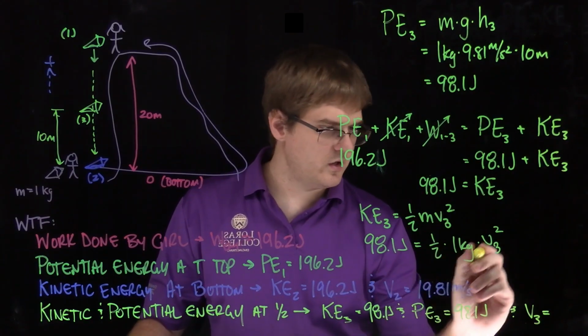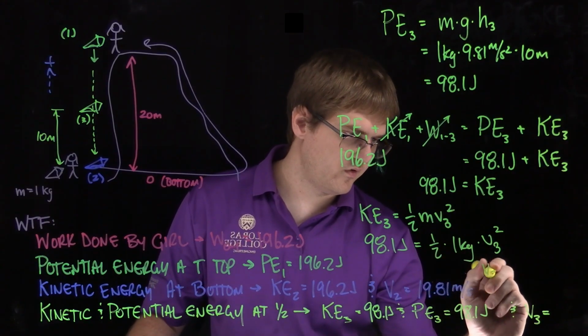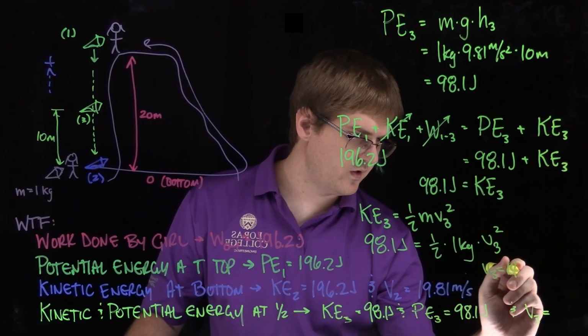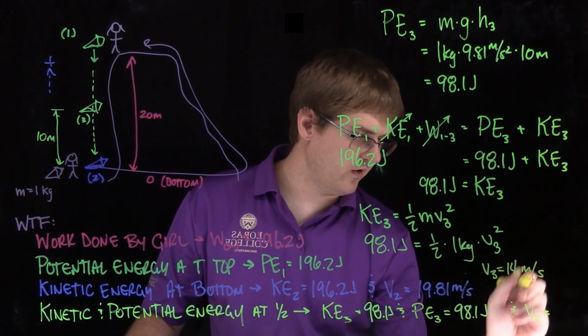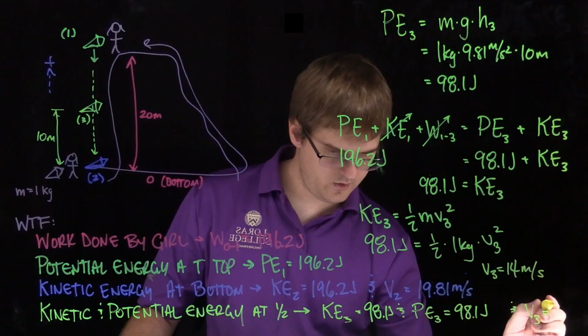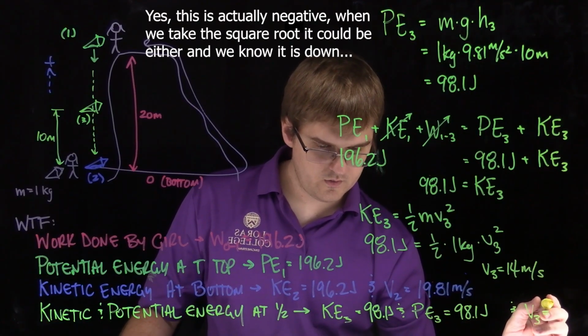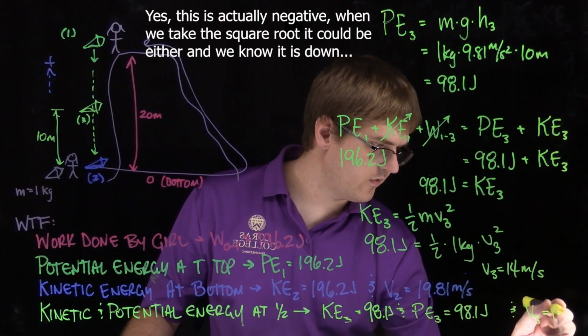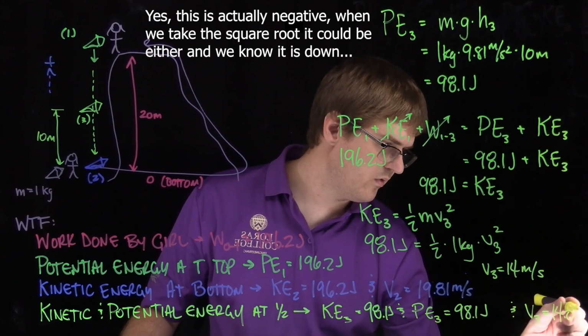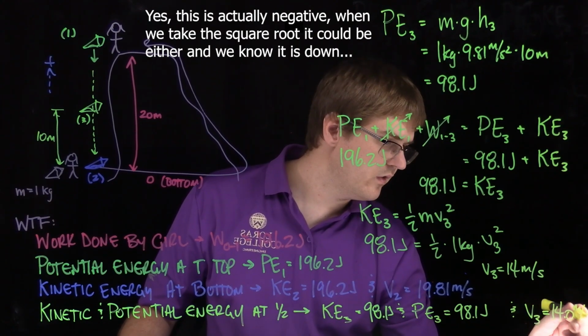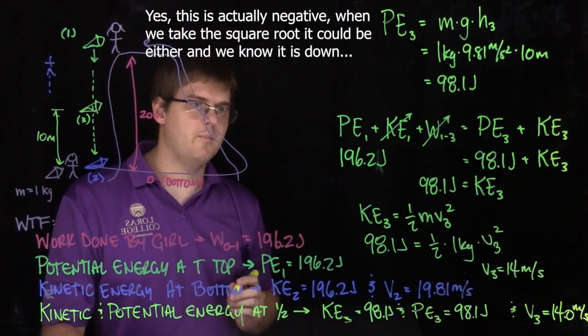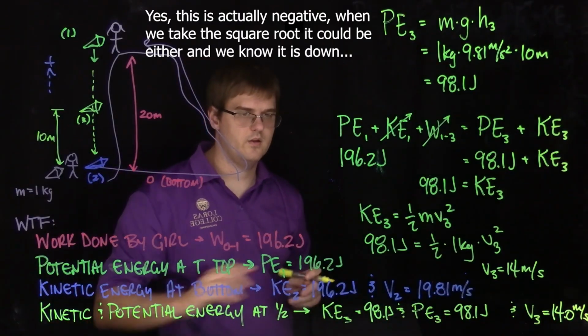And that should come out to 14 meters per second, more or less on the dot. 14.0 is what I have right here. Looks like I'm still mostly on the board. Yep, 14.0 meters per second.